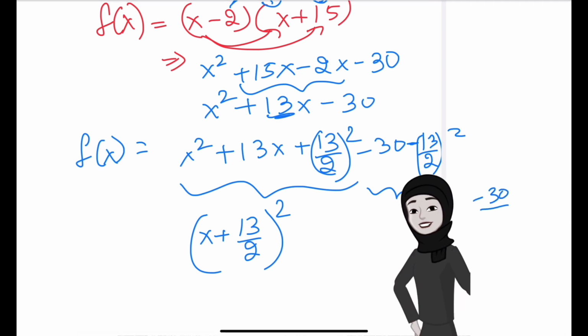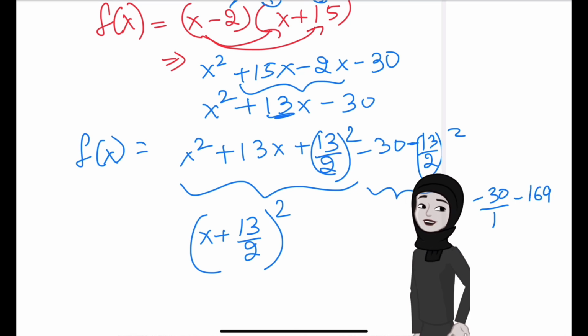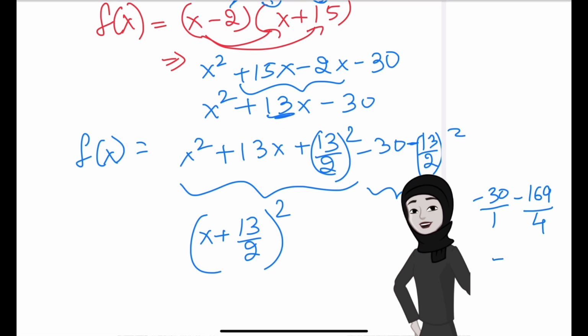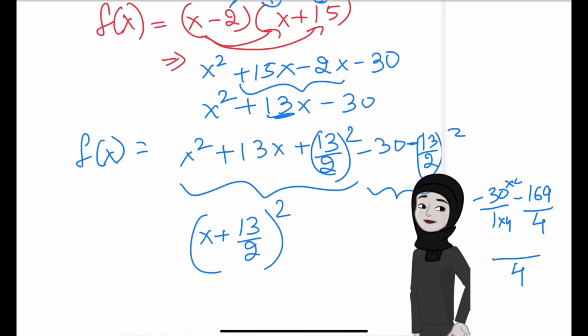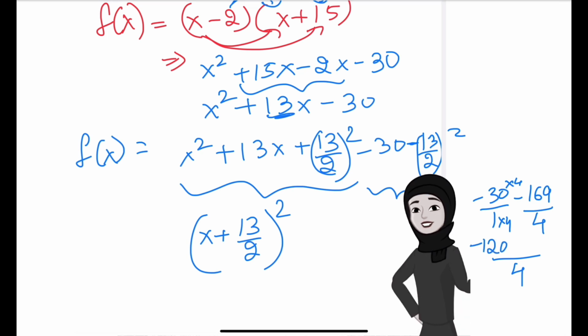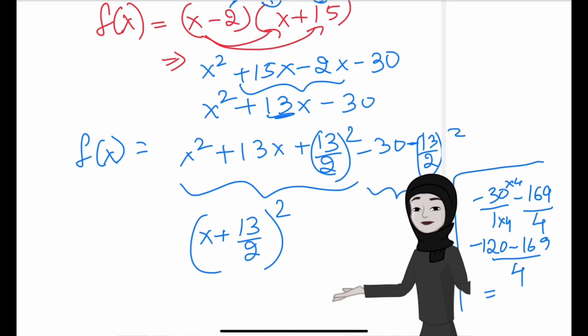So minus 30 by 1 minus 13 squared over 4, which is 169 divided by 4. To combine these two, we need a common denominator. So negative 120 minus 169 gets combined, and you will be left with minus 289 by 4.